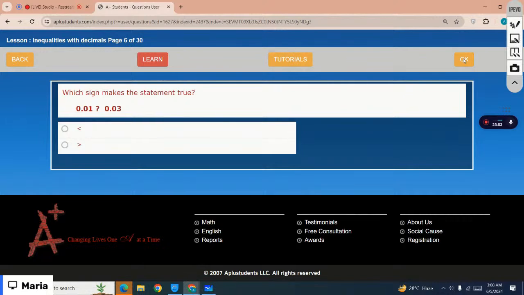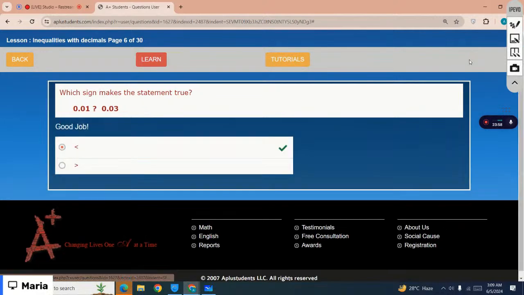The correct option is yes, 0.01 is less than 0.03. The correct option is less.